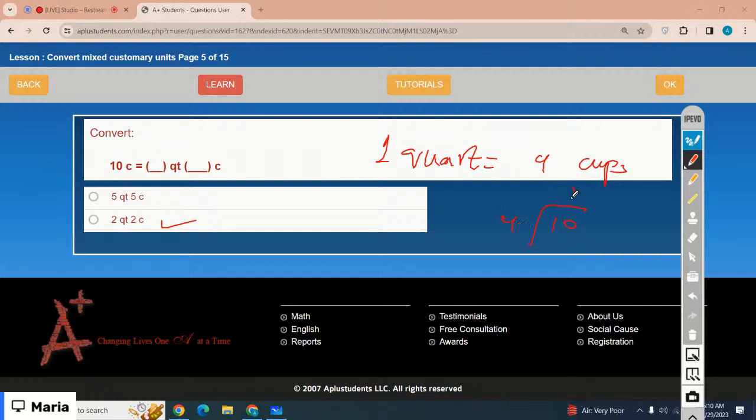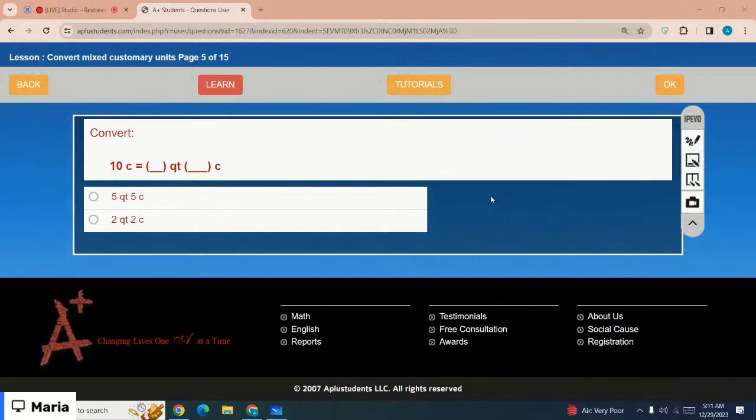When you divide 10 by 4, 4 times 2 is 8 and you have remainder 2. This is the 2 quarts and this is the 2 cups. So the correct option is 2 quarts, 2 cups. The second one is the correct option. Got it?